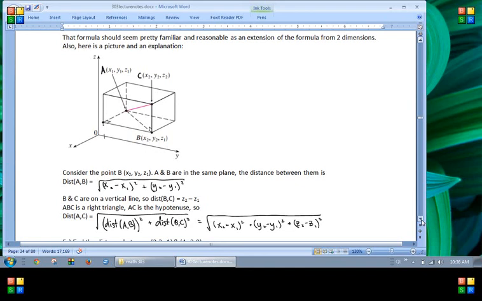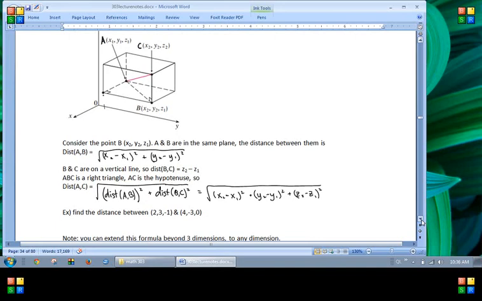But then A, B, and C form a right triangle. So then we can say what the distance is between A and C because it's the hypotenuse. And then you just have to sort of chase through the notation with x1, x2, y1, y2, z1, z2. So there's a proof of the distance formula for 3 dimensions.